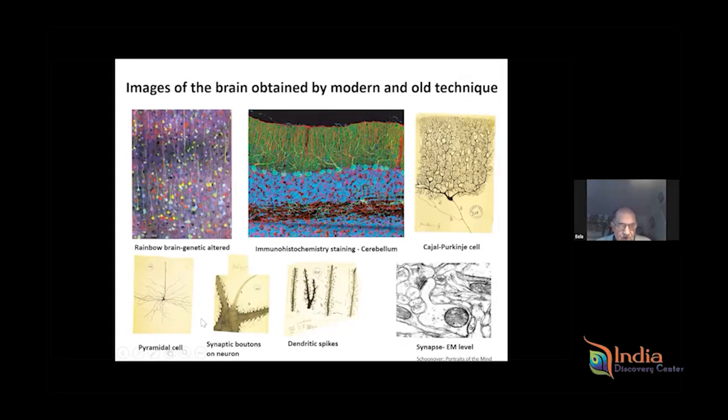And here are also Cajal's images, all silver impregnated, showing the pyramidal cells and the synaptic button on the neuron, where the afferent information arrives and communicates with the neuron.